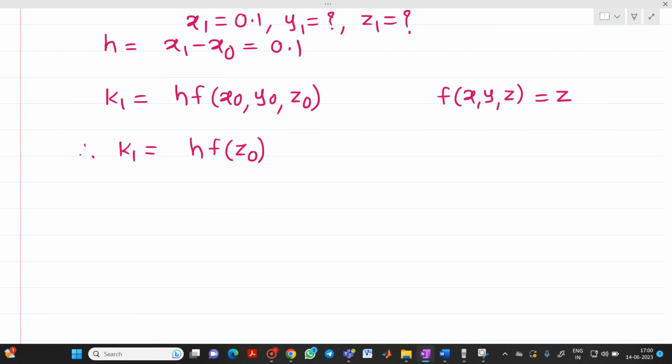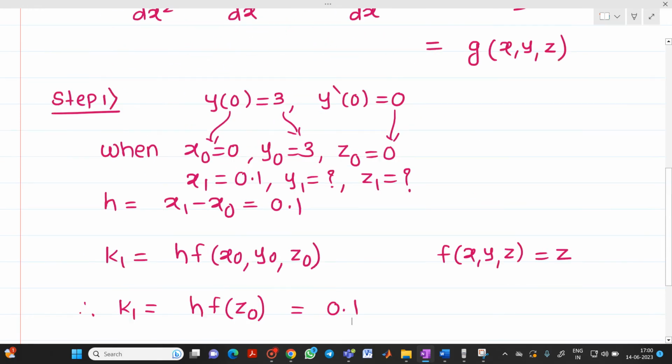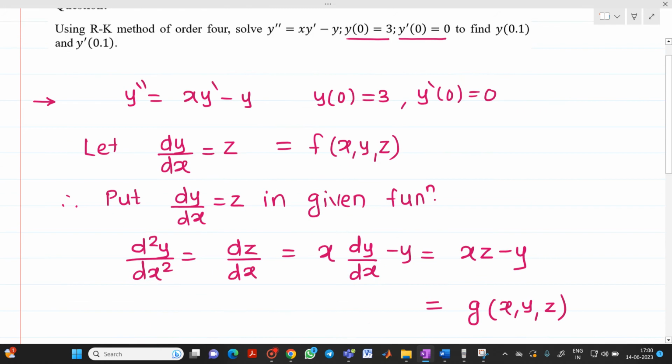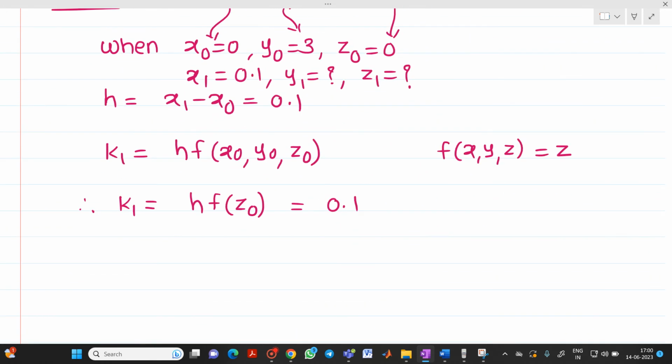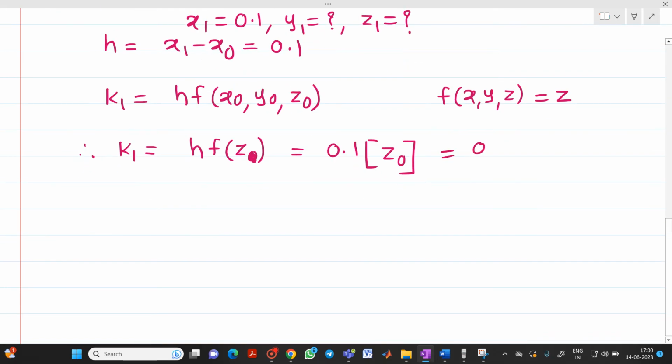Why are we taking only z0? Because in the function f of x, y, z, we don't have any value of x and y. So I take it directly as z0. H is 0.1. Here you get only z0, because f of x, y, z equals z. Don't write 0 here, it will be only f of z. The value of z0 is 0, so we get the answer 0, that is k1 will be equal to 0.